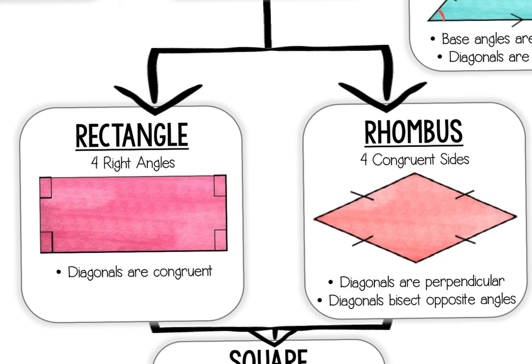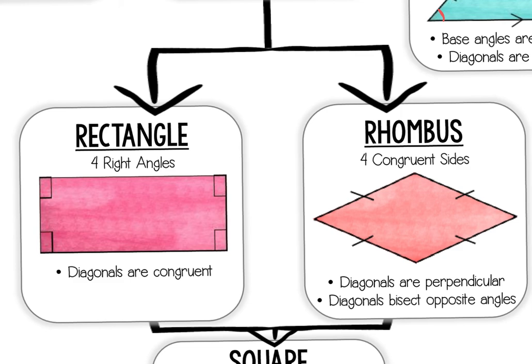But you have a little added features. For the rectangle specifically, you have 4 right angles. Along with bisecting each other, the diagonals of a rectangle are congruent. So not only do they bisect each other, they are also congruent, meaning each piece of the bisected diagonals are all congruent.